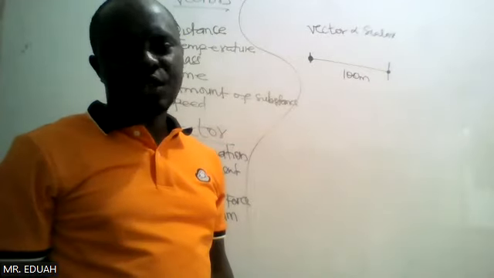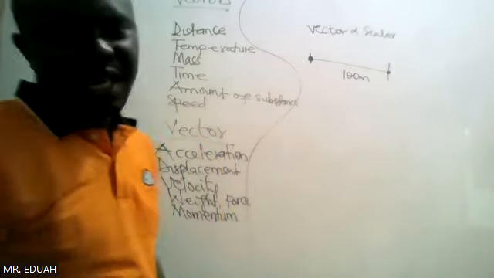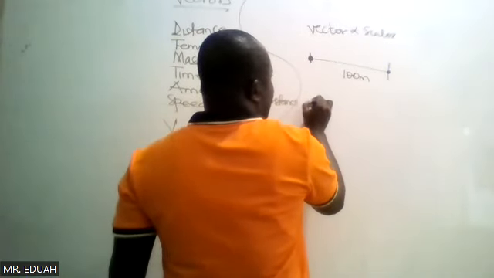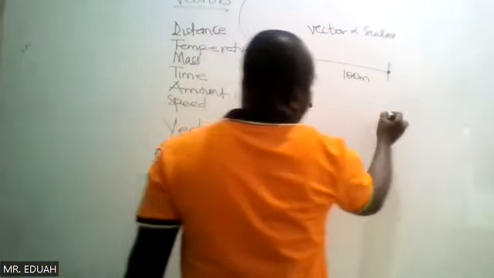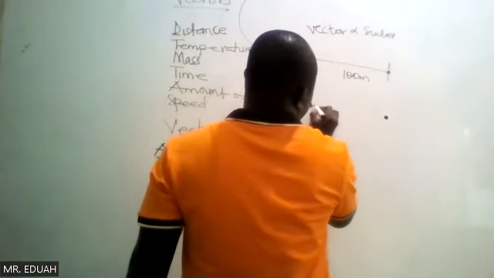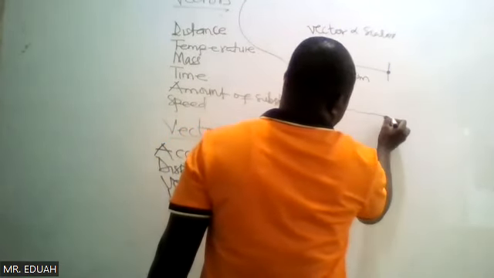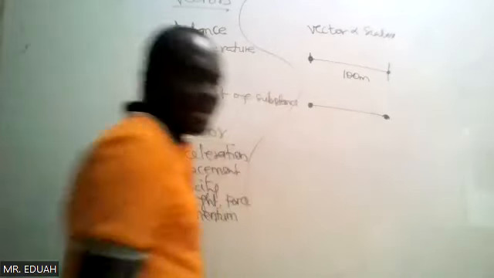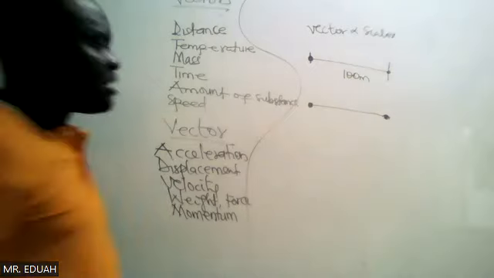Now, a displacement of 100 meters, how do I indicate it? The interval between the two points is the distance.